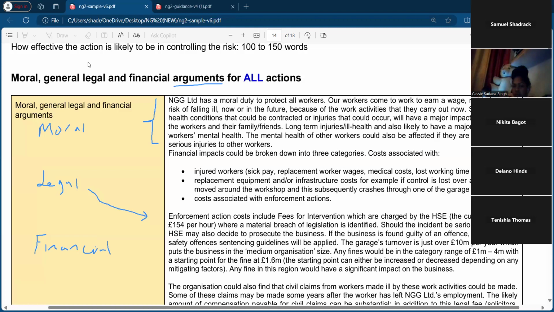Long-term injuries or ill health are also likely to have a major impact on our workers' mental health. The mental health of other workers could also be affected if they are witness to any serious injuries to other workers.